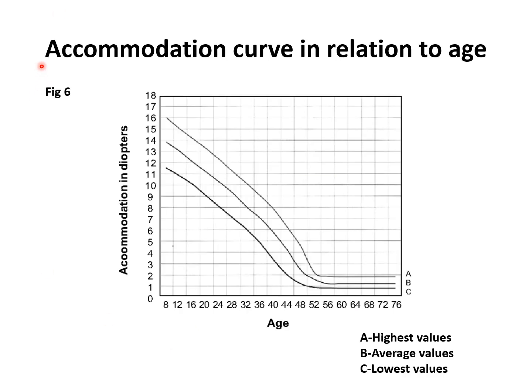This figure shows the accommodation curve in relation to age. The B graph is the average values, the A graph shows the highest values, and the C graph shows the lowest values. Now looking at this, the average accommodation in diopters is about 14 diopters in children, and the lower values are about 12, the higher values are about 16 to 17.